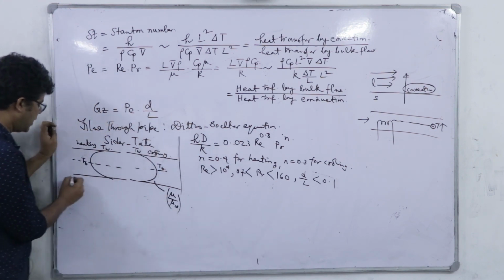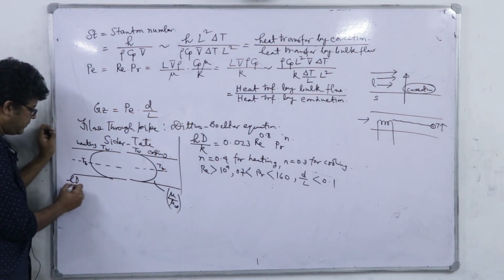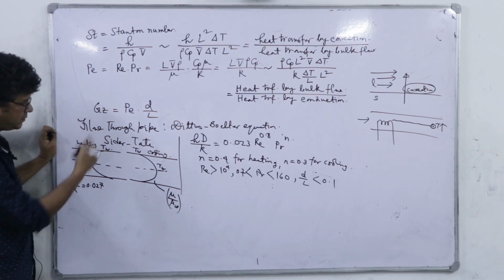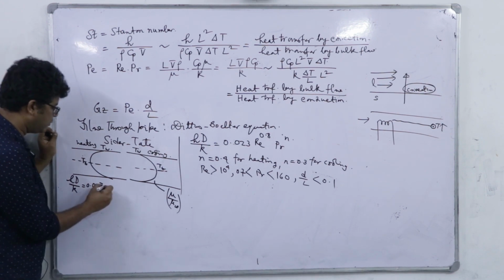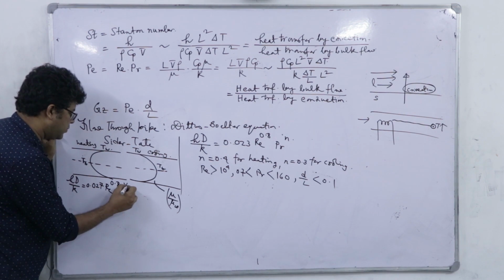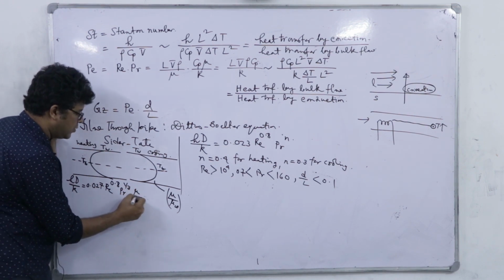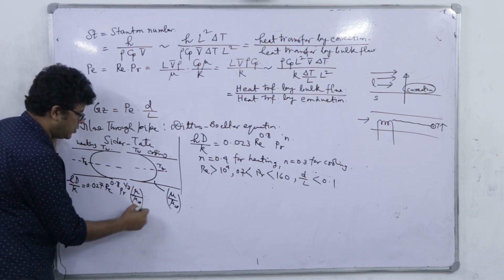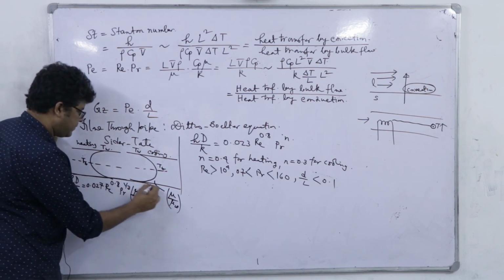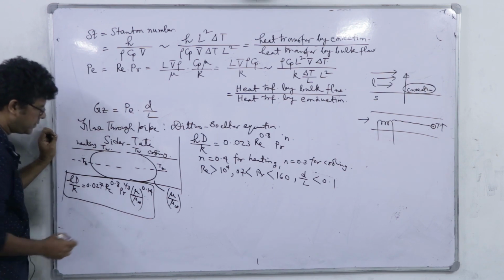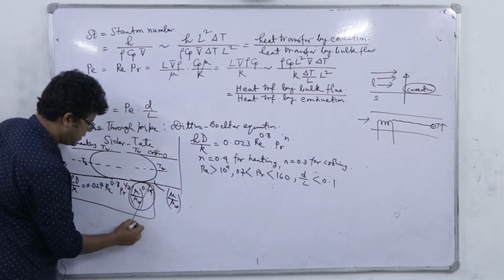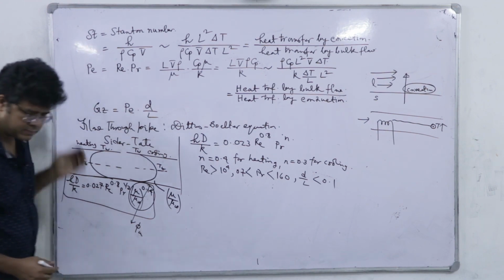And from there they got hD by k, with a slight change, the constant 0.027, Reynolds number to the power 0.8, Prandtl number to the power 1/3 into mu by mu W whole to the power 0.14. That's the viscosity correction factor, right? We can alternatively write this entire group as phi of u.